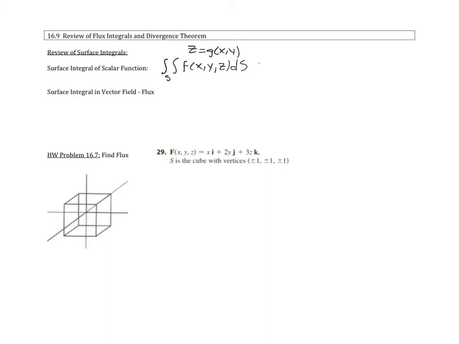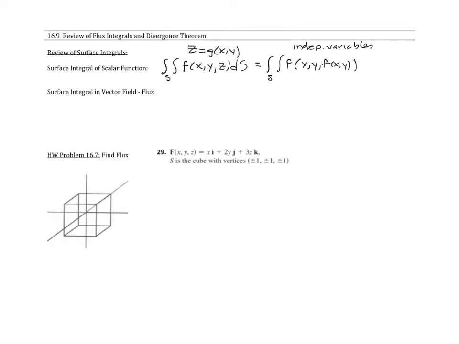And the way that we worked one of these integrals is we put everything in terms of the independent variables. So in this case would be x and y. So for z, we put in f of x and y.